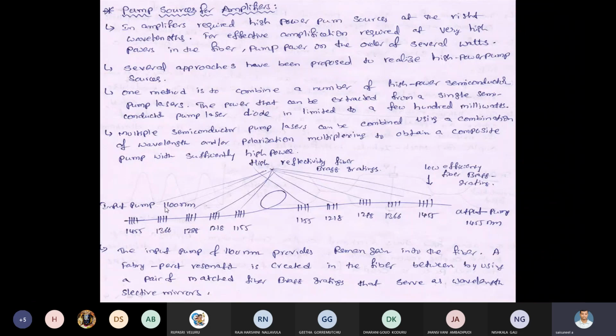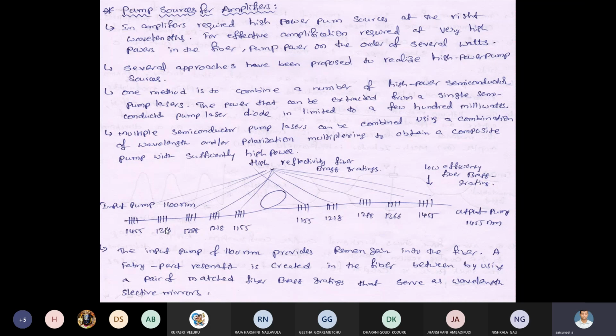Here, the input pump we are taking is 1100 nanometer, but we are getting an output pump of 1455 nanometer. That is, from input to output the wavelength increases. That is amplification done. Actually the input we are taking is 1455.